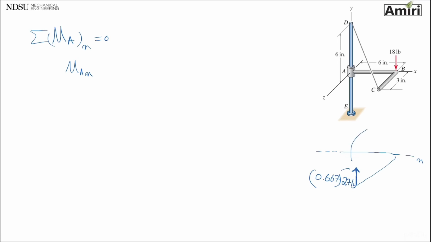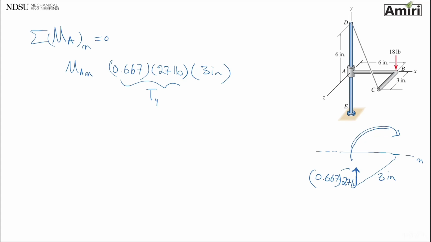This is x-axis. This is trying to rotate this whole thing about x-axis. It's located at a distance of 3 inches. So 0.667 times 27 pounds at a distance, so this is Ty at a distance of 3 inches.